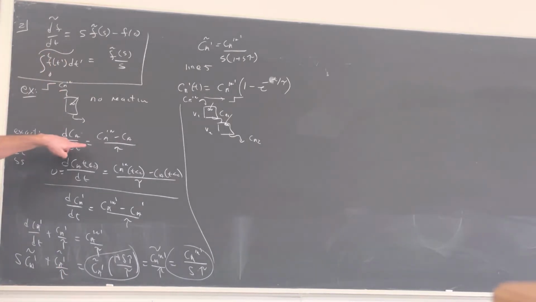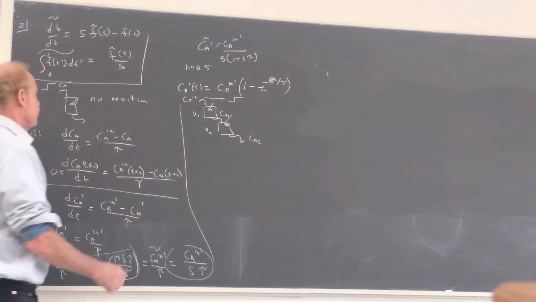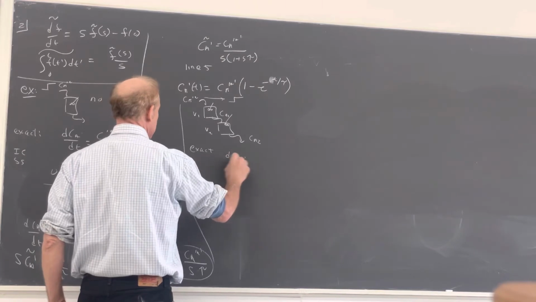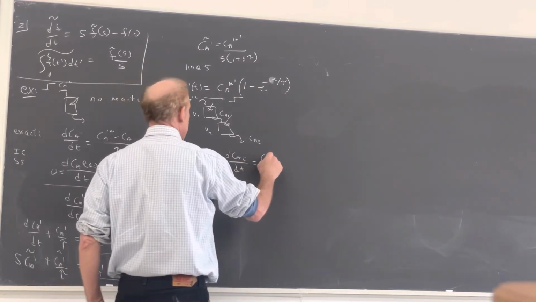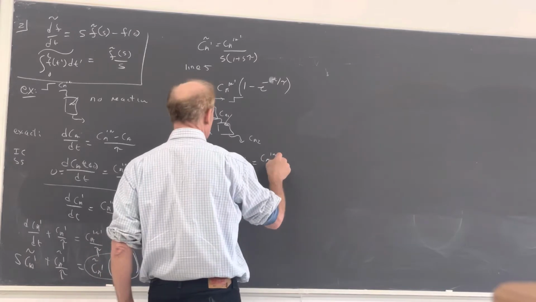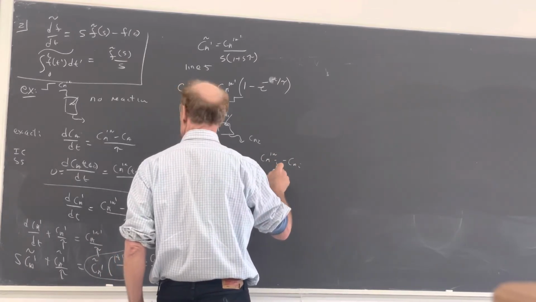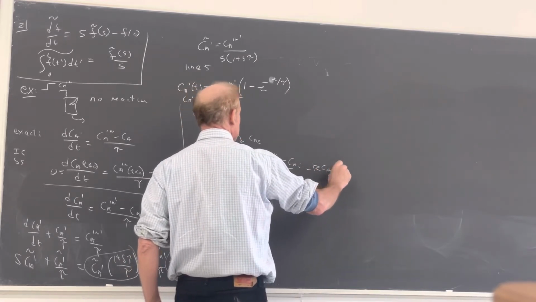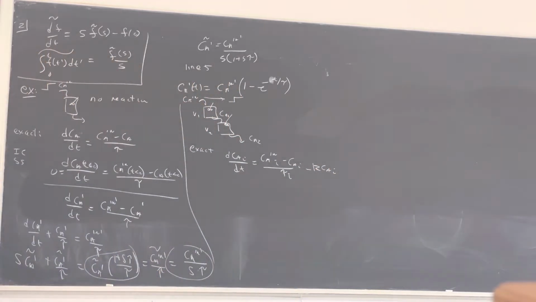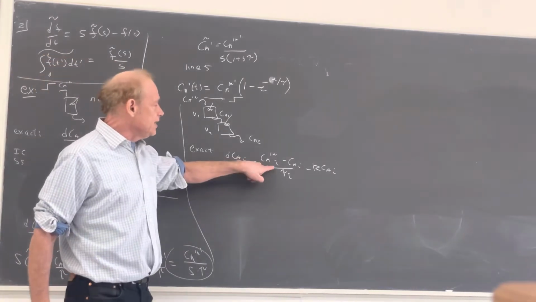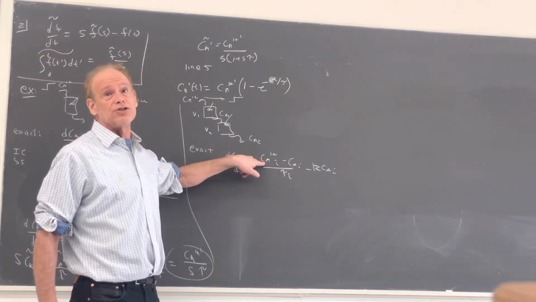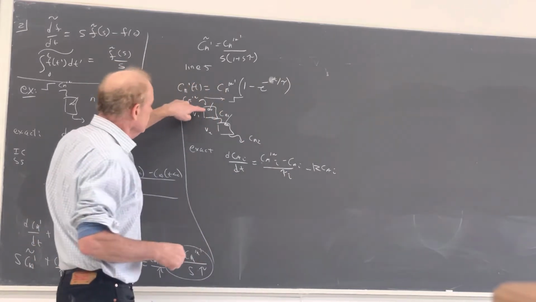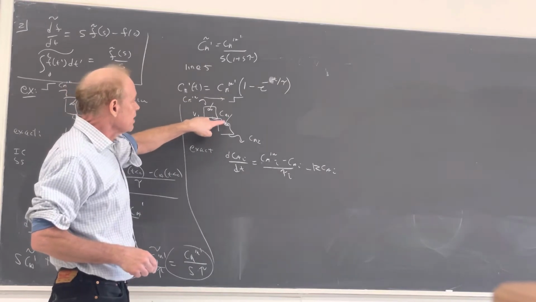Well, we have the same governing equation here. Let's just rewrite it exactly. dCAi/dt is CA in,i minus CAi over tau i minus k CAi, where i is 1 or 2. Now, when i is 2, CA in,i is just CA1. So let's note that what comes into reactor 1 is CA in, and what comes into reactor 2 is CA1.